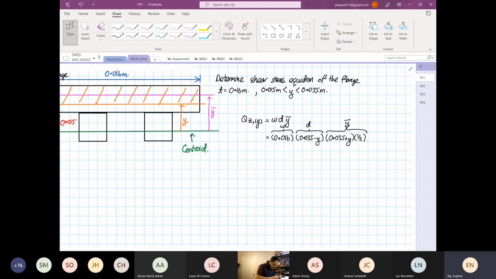So this will be equal to 0.008. Hold on, I think I got this wrong. This is 160, I do apologize. So this is 0.16. So this is also 0.16, and now this is 0.08.